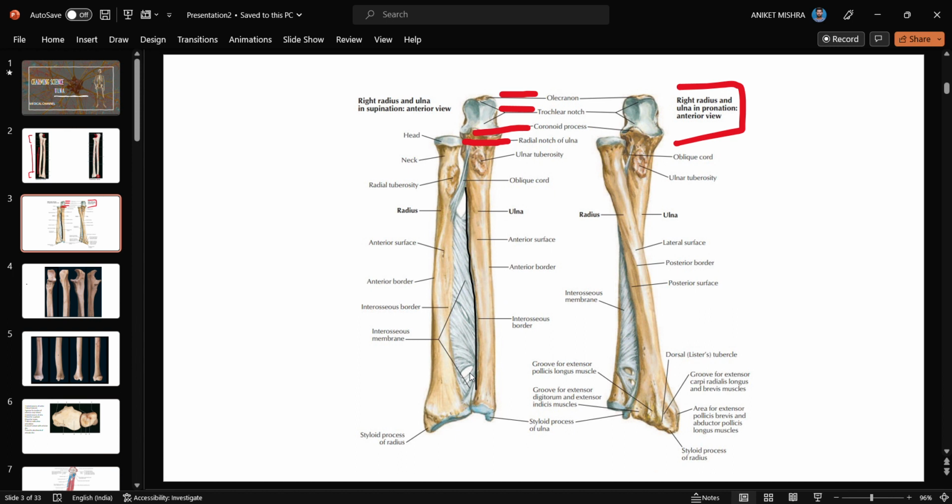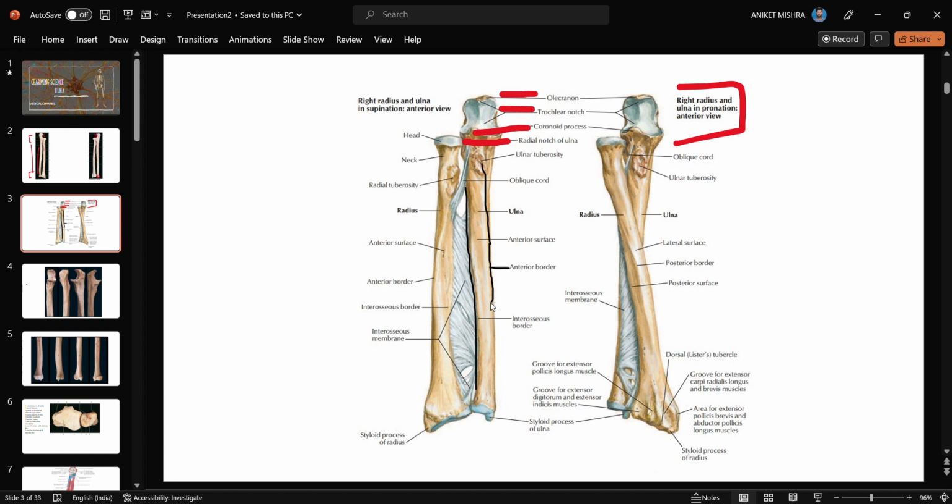Coming to the anterior border of the ulna, we will find that it is thick and round. It begins above on the medial side of the ulnar tuberosity. So when we see the ulnar tuberosity, this is the border where the anterior border is traveling, going like this.